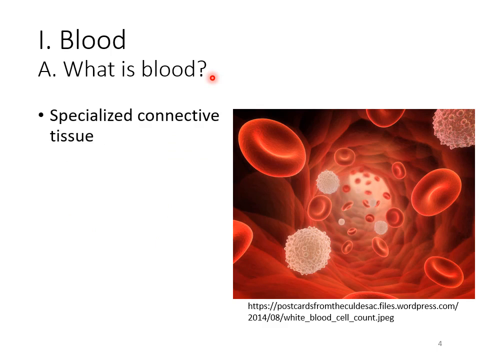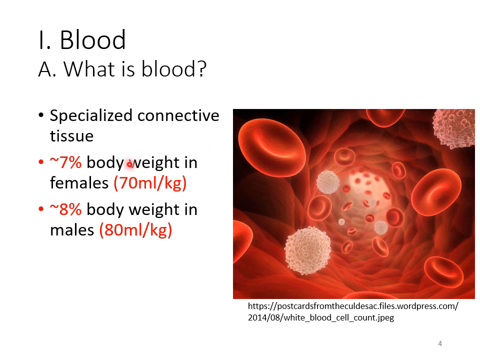Interestingly, blood is considered a connective tissue. It is considered a specialized connective tissue, and you'll study more about its classification in anatomy. And blood comprises 7 to 8% of the body weight in humans, a little bit less in females, and a little bit more in males.